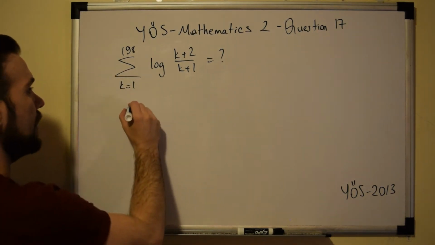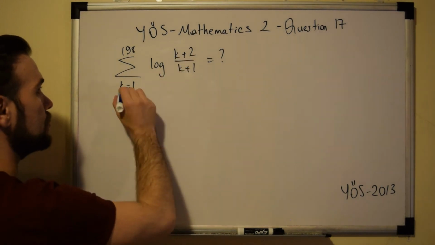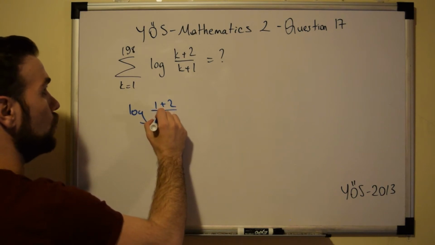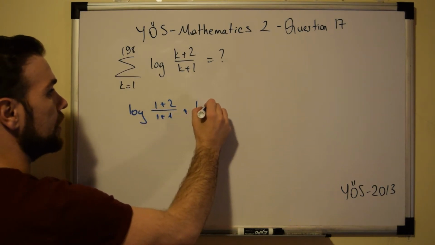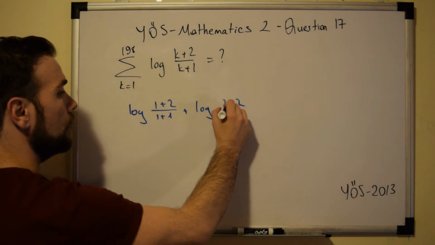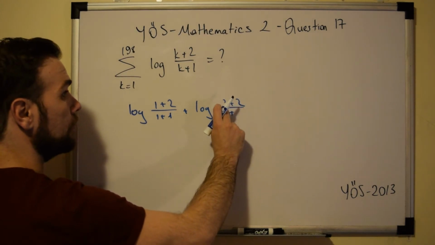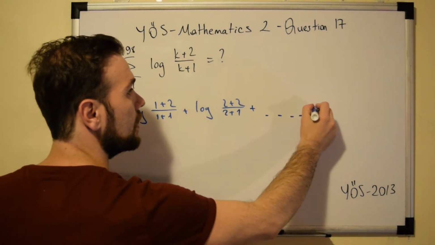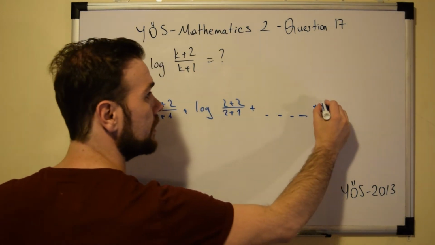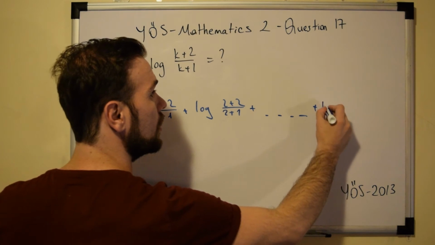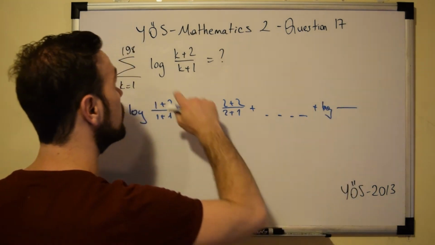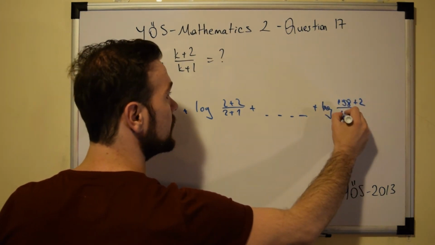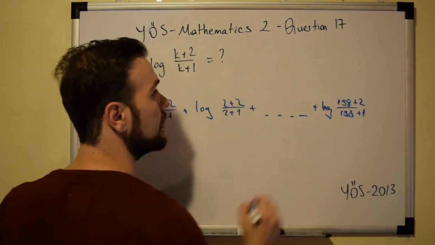So let's do that. We have logarithm of k plus 2 over k plus 1, so instead of k, I will write 1 plus 2 over 1 plus 1, plus logarithm of 2 plus 2 over 2 plus 1, plus, we go to the upper limit, which is logarithm of 198 plus 2 over 198 plus 1.